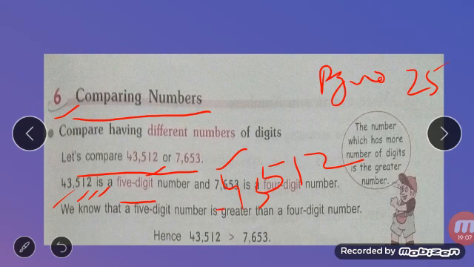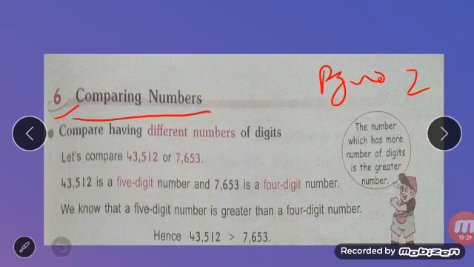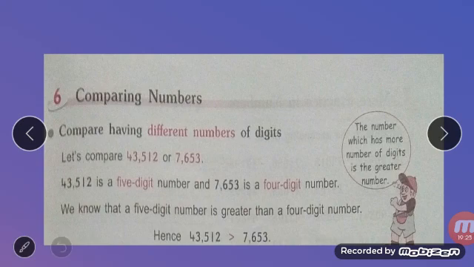And here 7653 has 4 digits: 3 in the ones place, 5 in tens, 6 in the 100 place and 7 in thousands. So by the number of digits we come to know, children, which is greater. The number which has more digits is greater, and the number which has fewer digits is smaller.